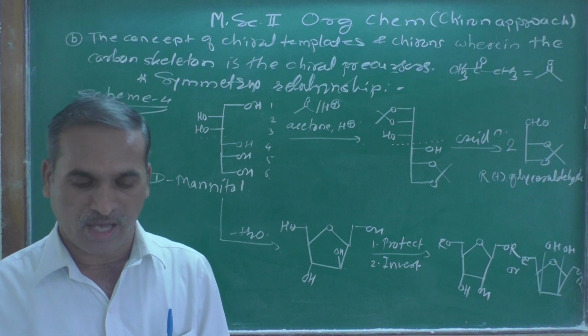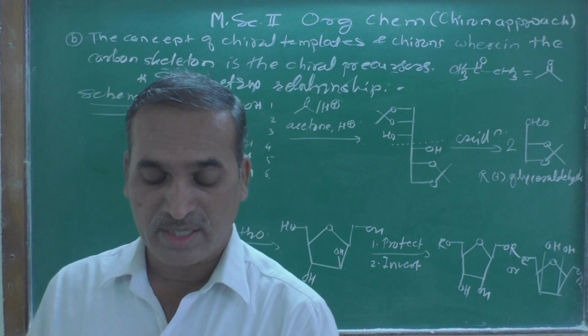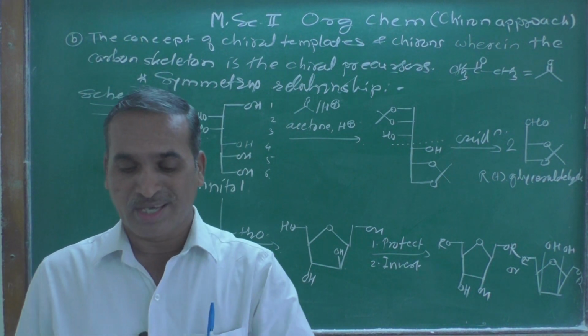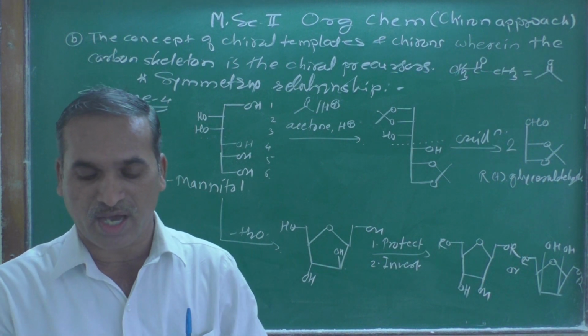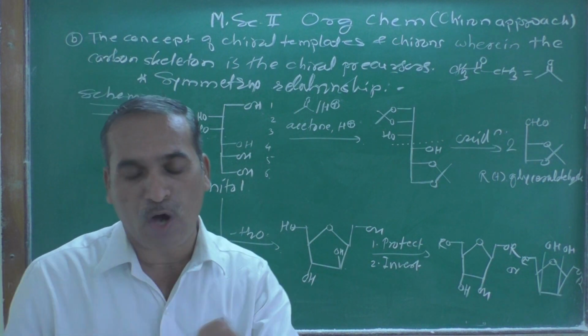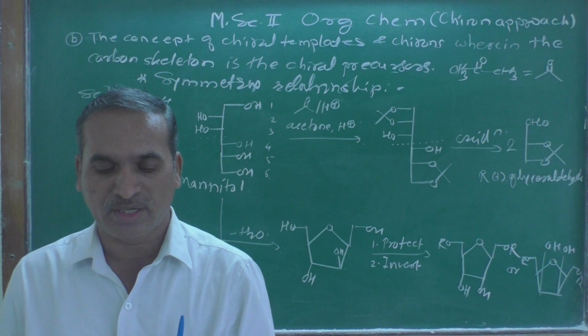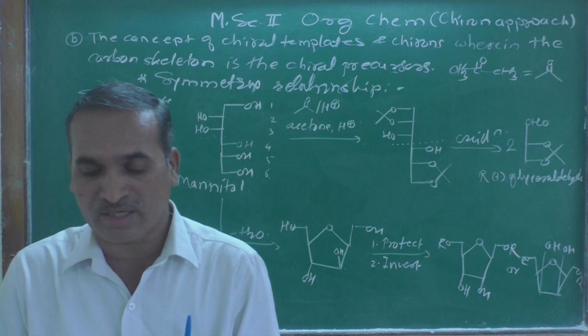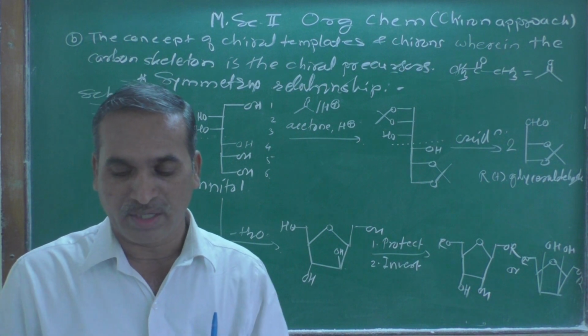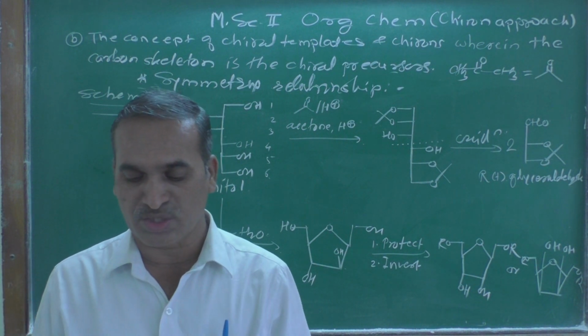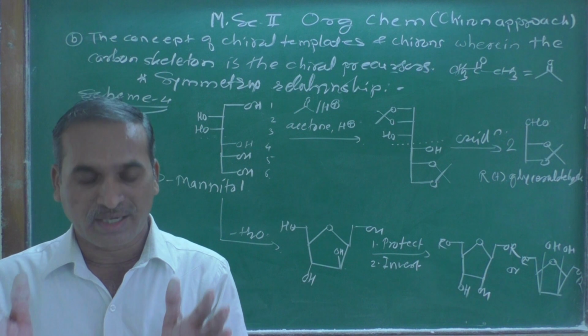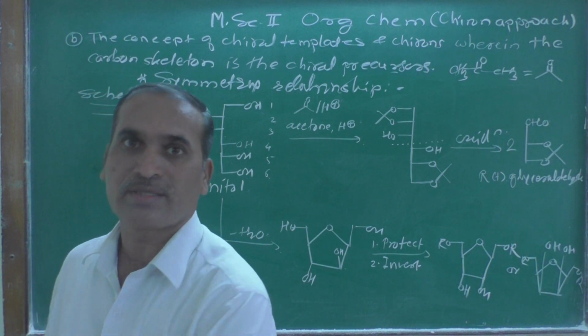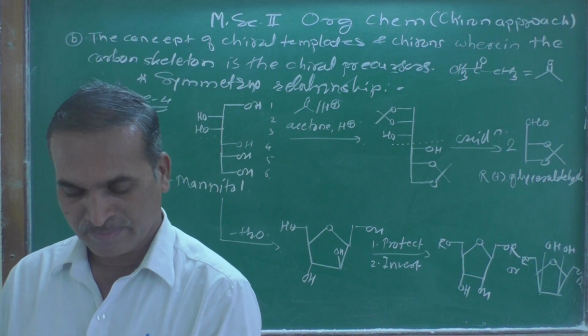And as we know, chiral template means what? The carbon framework which is an exact copy of a segment of the target and has its inherent natural chirality which can be related to the original stereochemical part of the target is called a chiral template.